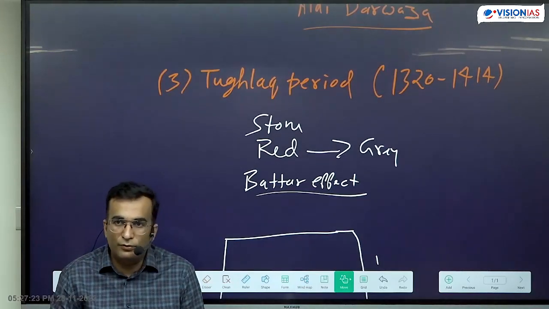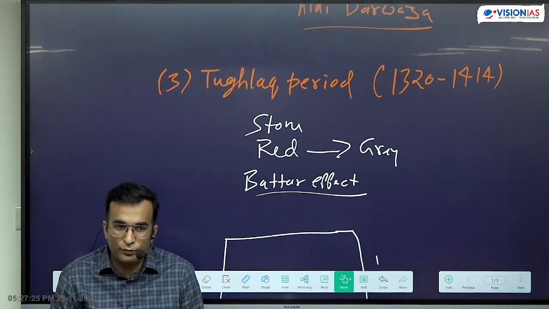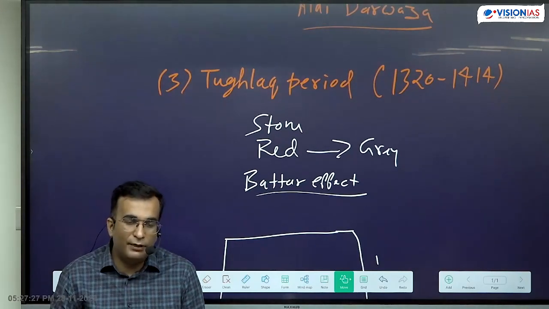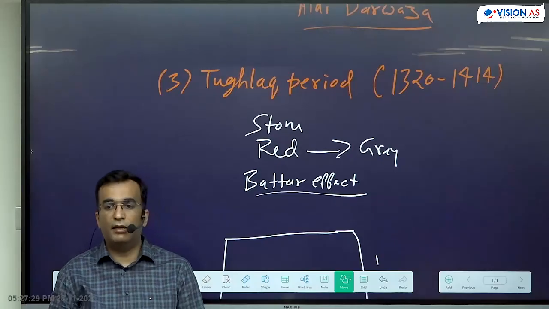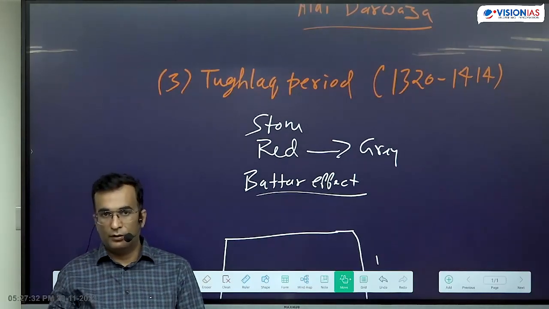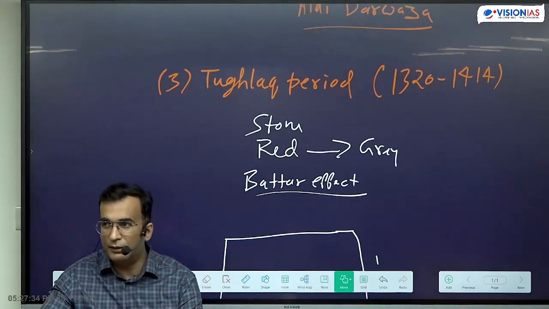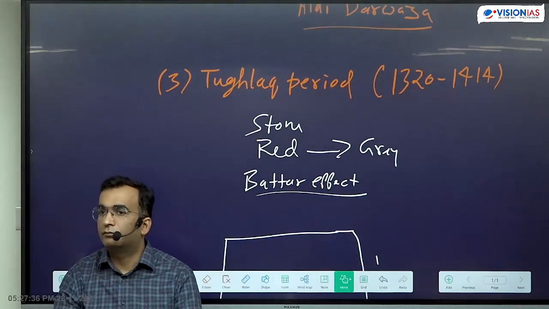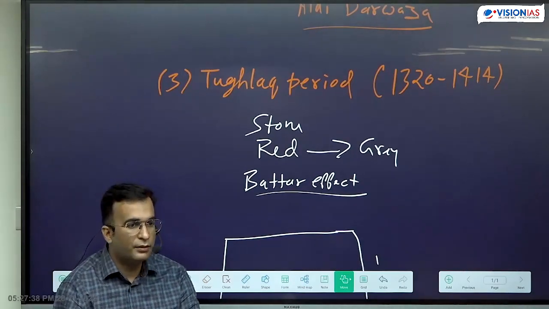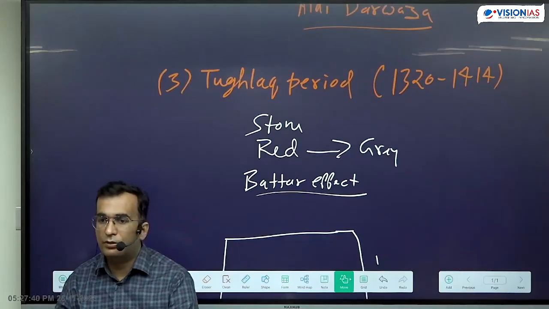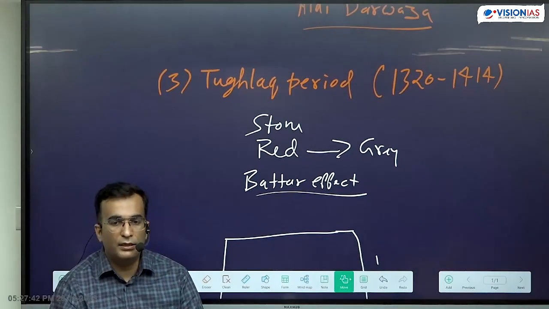Red sandstone was replaced with grey sandstone, which was easily available, stronger and cheaper than red sandstone.